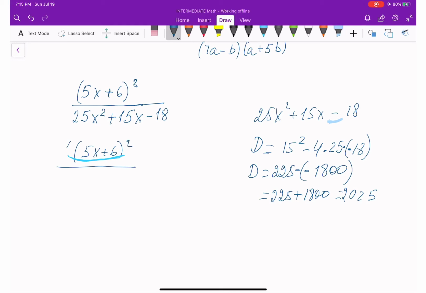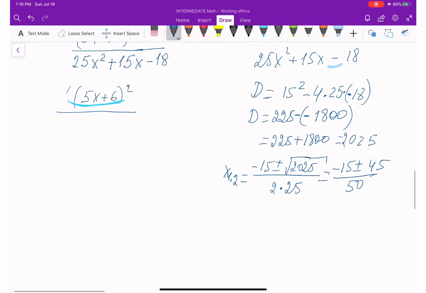Okay, so x1,2 from here is equal to negative b, which is negative 15, plus or minus the square root of 2025, over 2a, 2 times 25. That is equal to negative 15 plus or minus 45 over 50.